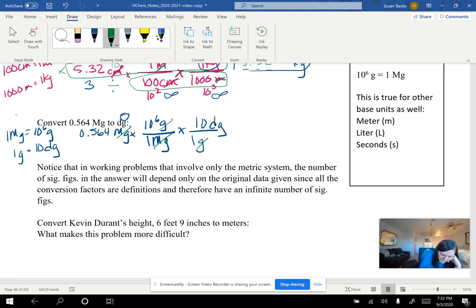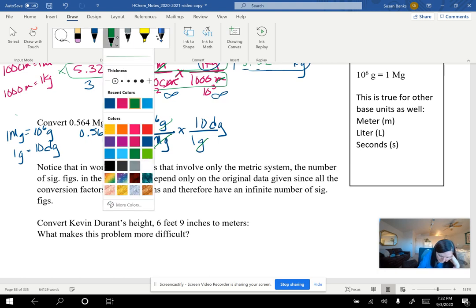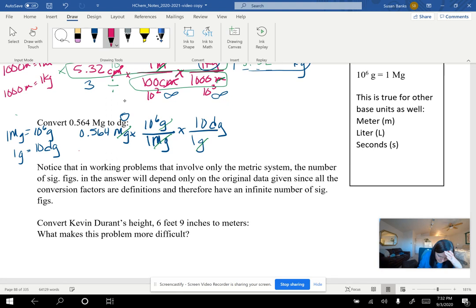Now when we look mathematically here, we have multipliers and our dividers are just 1. So we really just have to look at our multipliers. So 0.564 times 1,000,000 times 10.